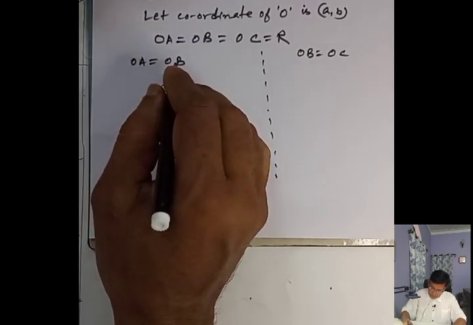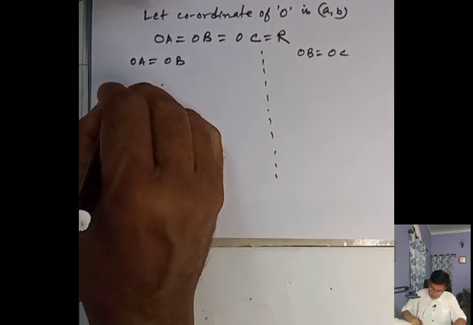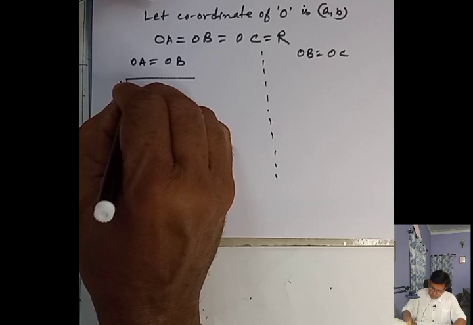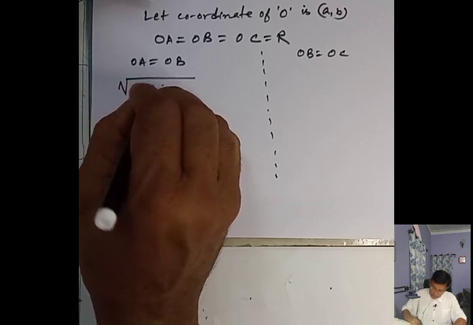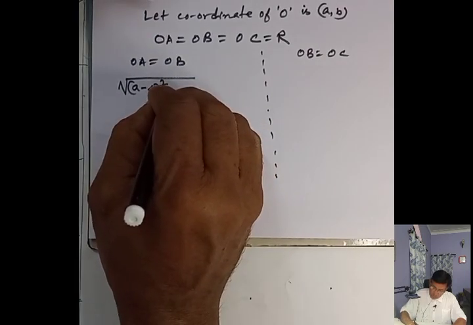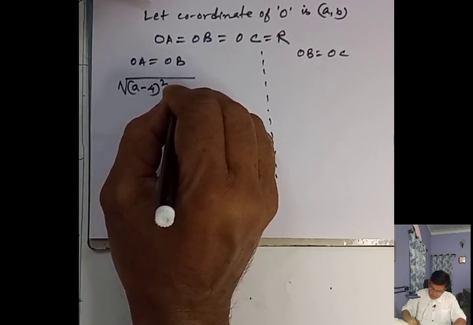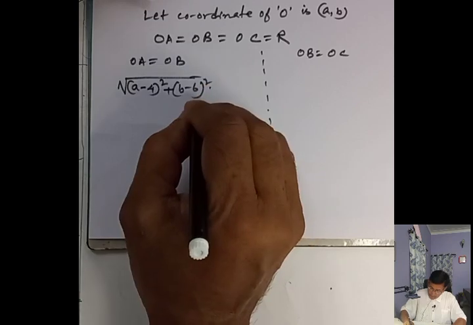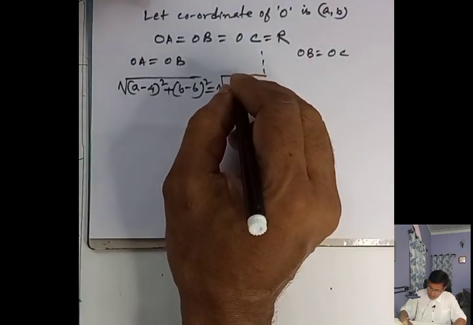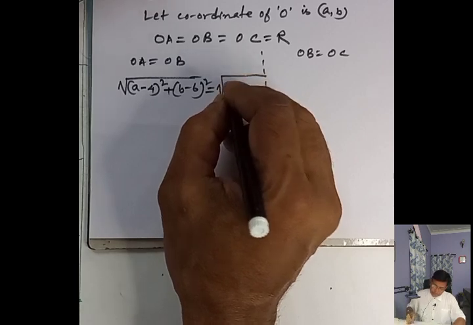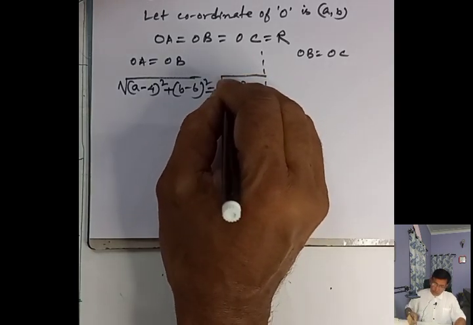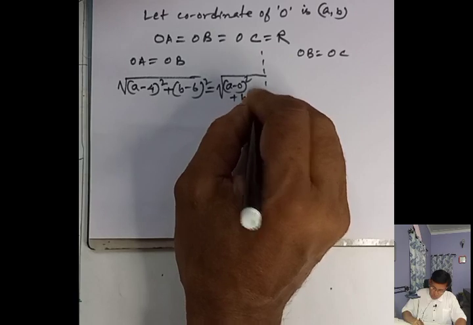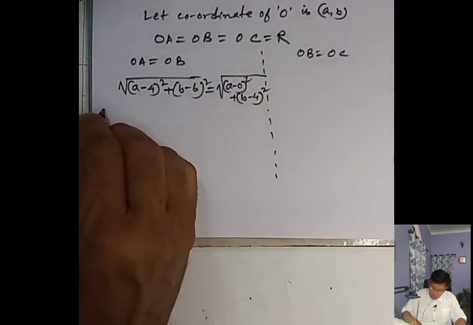When OA is equal to OB, the distance OA is equal to root over (a minus 4) square plus (b minus 6) square, and OB is root over (a minus 0) square plus (b minus 4) square.